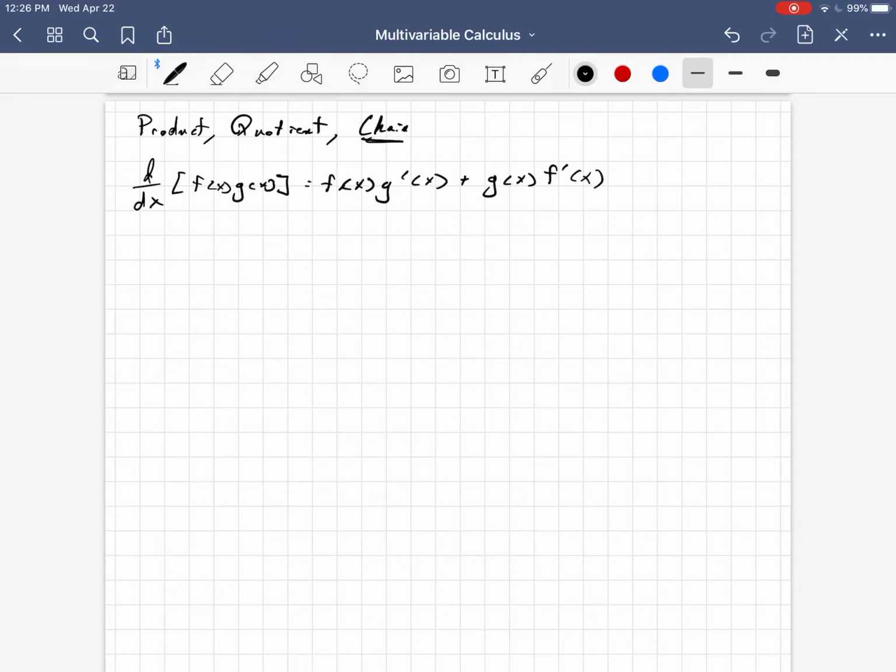So basically the product rule is saying, if we've got the product of 2 functions, we can keep the first one the same, differentiate the second, and then keep the second one the same, and then differentiate the first.